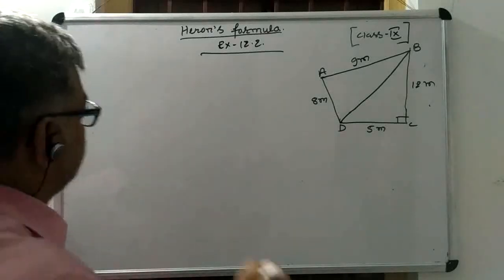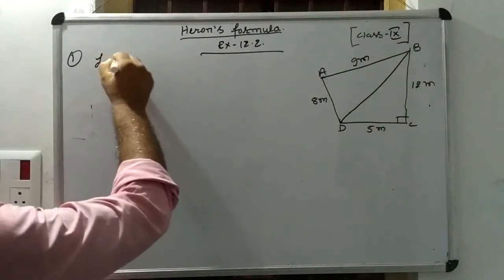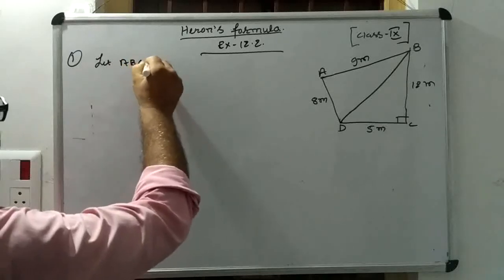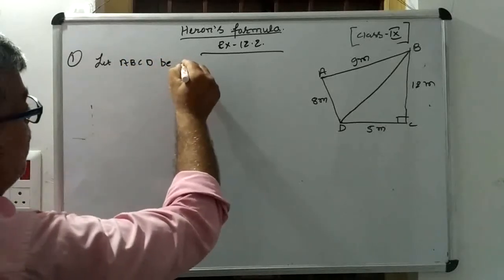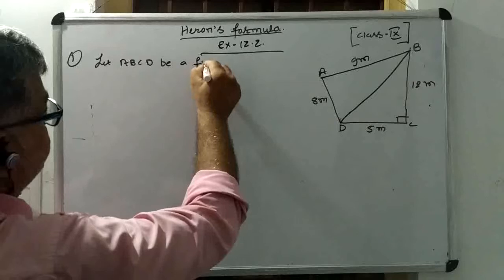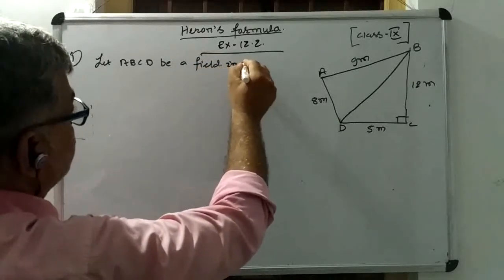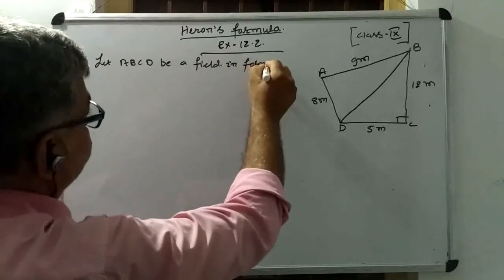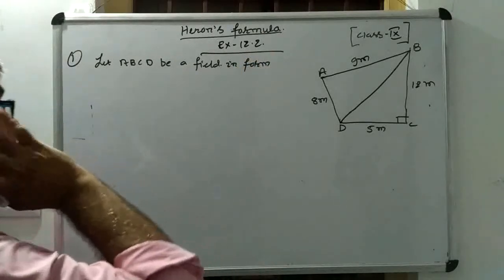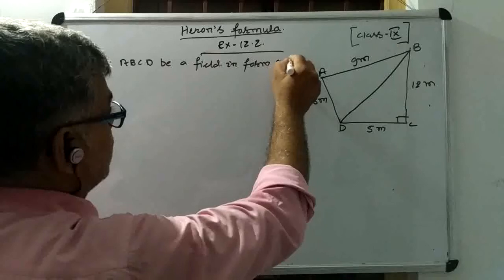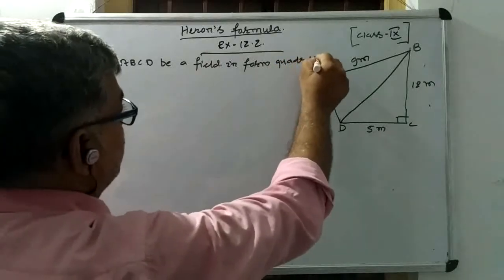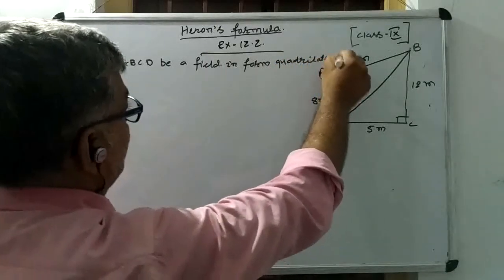So let's do it. Let ABCD be a field in the form of a quadrilateral.